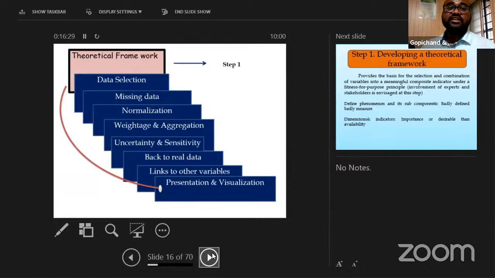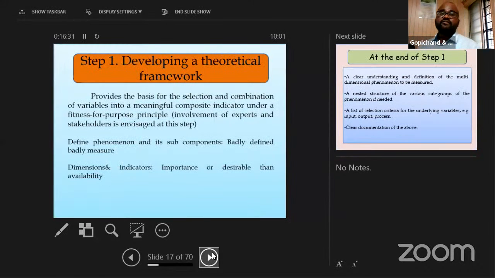The first step, theoretical framework. Here we define and select the combination of variables into meaningful indicators, and we define the theoretical and operational definitions for subcomponents as well. A badly defined indicator will give bad results.